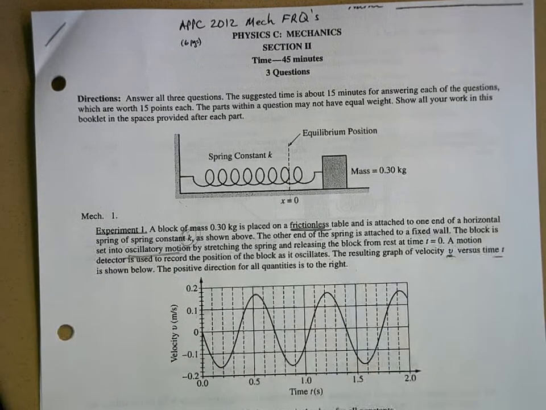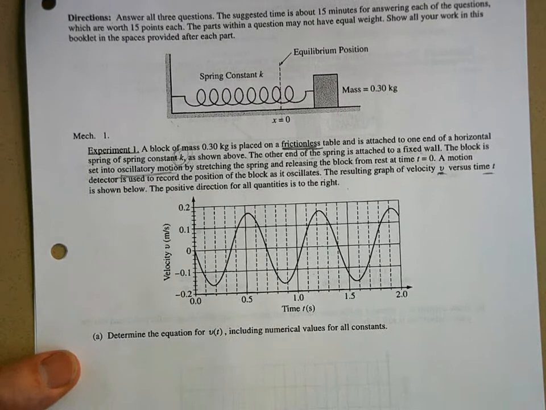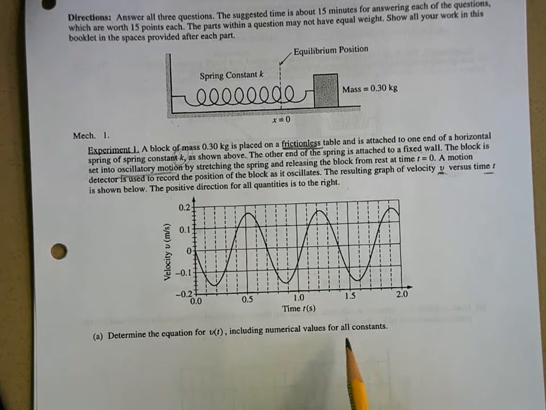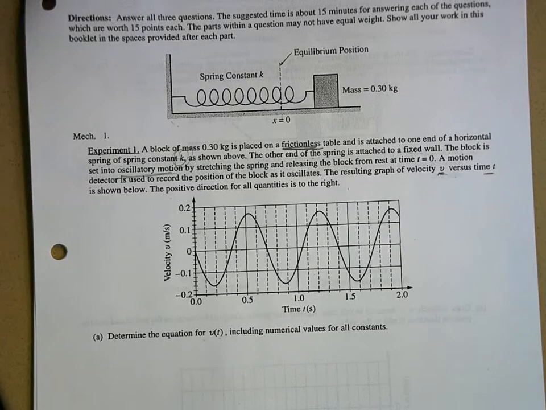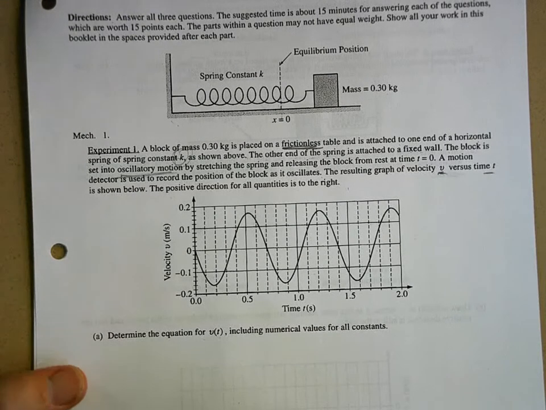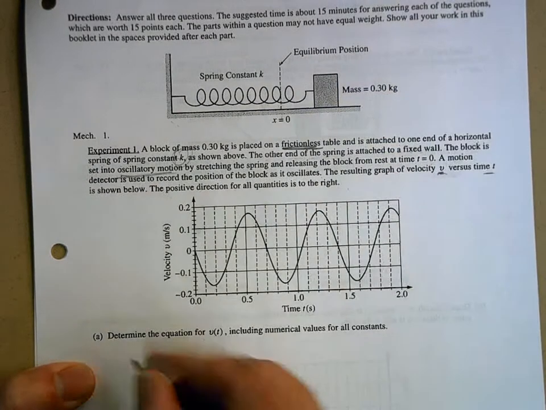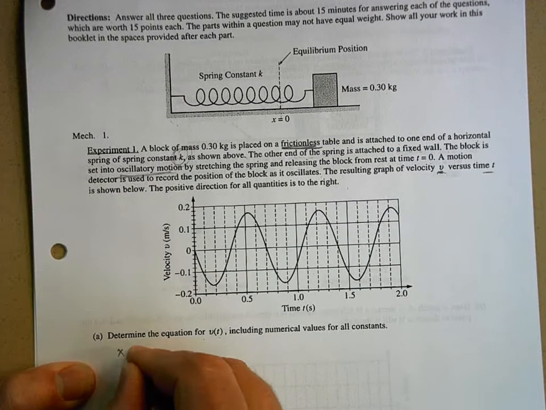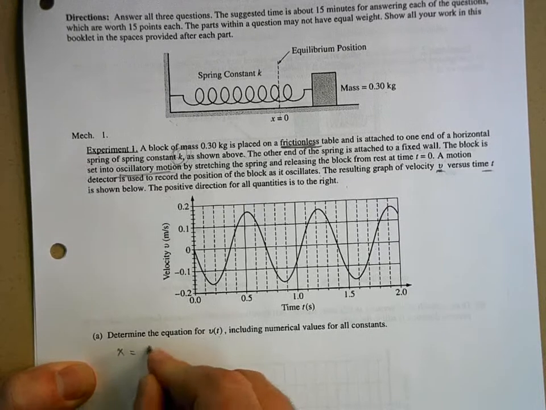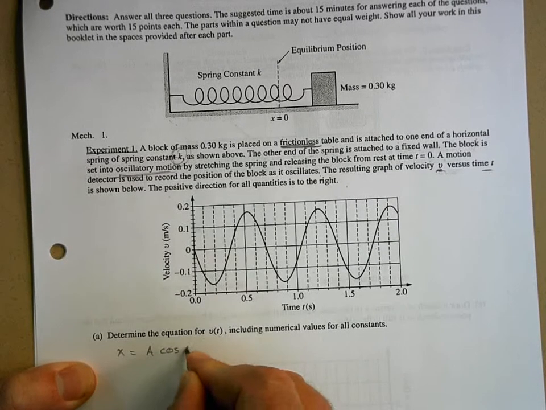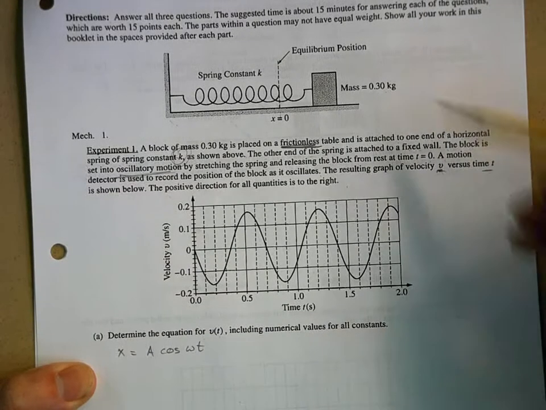So then it says A. Determine the equation for velocity as a function of time, including numerical values for all constants. Okay, so one thing you can do is say the position is equal to A cosine omega t.